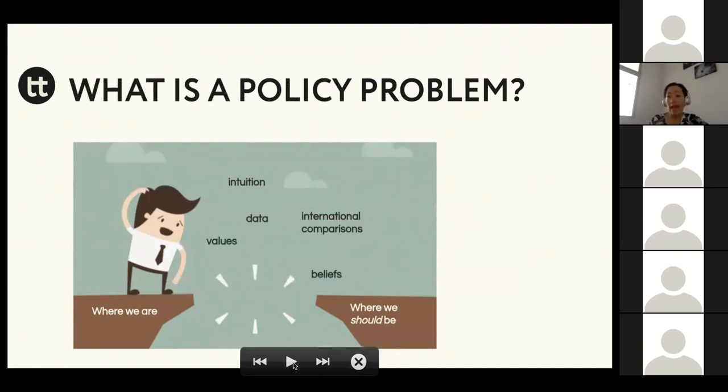It might be based on values, that we value something that is better than what we have right now. We also use international comparisons. For example, when we see the scores of the PISA education assessment, a country might say, well, we want to be as good as those other countries, and that helps us identify or frame a policy problem.